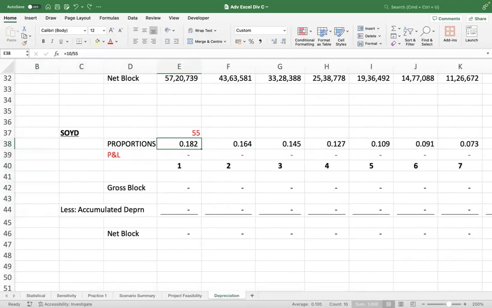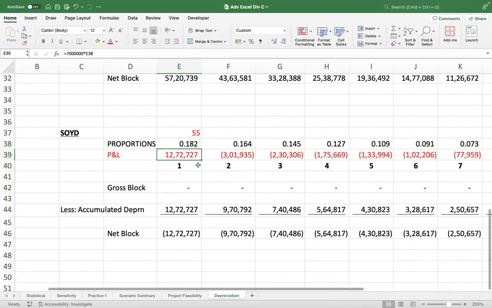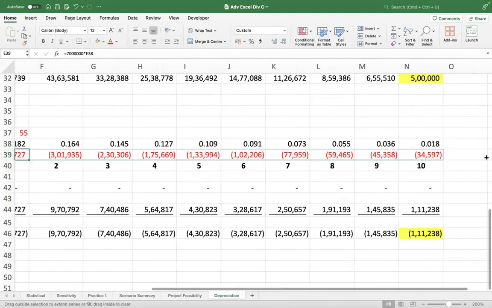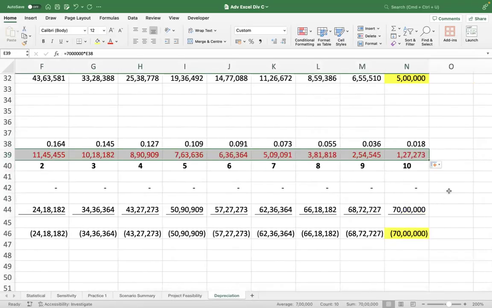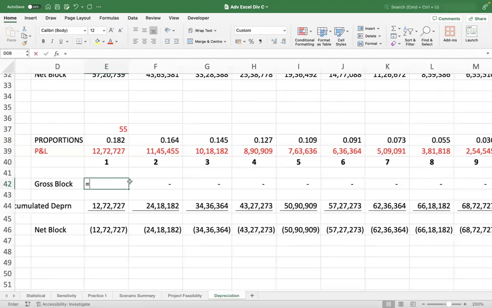So your P&L depreciation will be what? Your depreciable value of 70 lakhs multiplied by these proportions. And that we will do for all the years. Clear? Now gross block doesn't change.